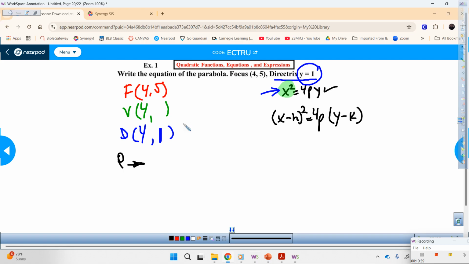So, question. Using the 5 and using the 1, what do we do in order to get the number that goes here? Remind your neighbor. We covered this yesterday.